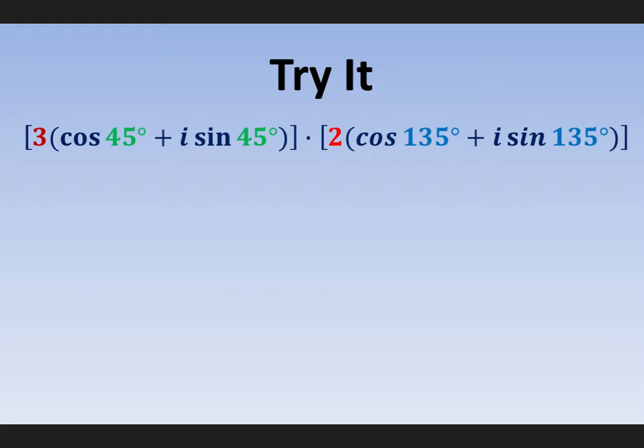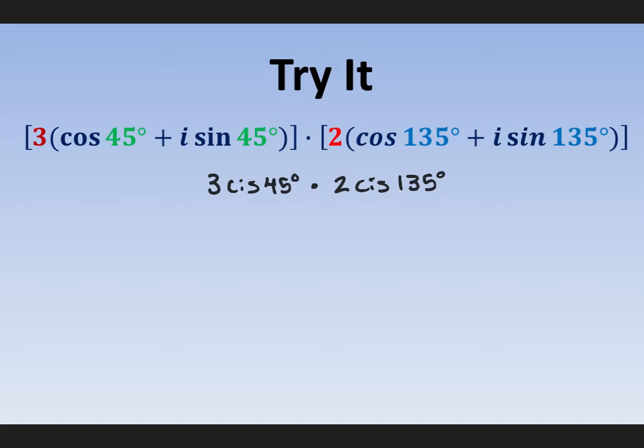Let's go ahead and give it a try. Here we have 3 CIS 45 times 2 CIS 135. I like to rewrite this a little bit in the simplified form: 3 CIS 45 degrees times 2 CIS 135 degrees.